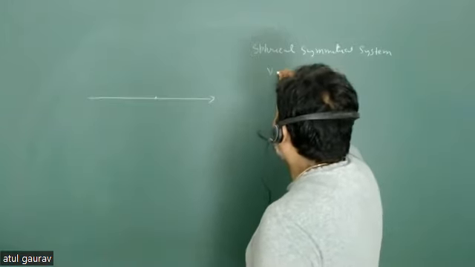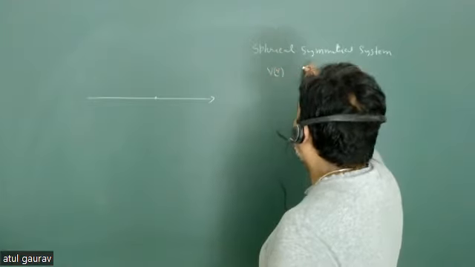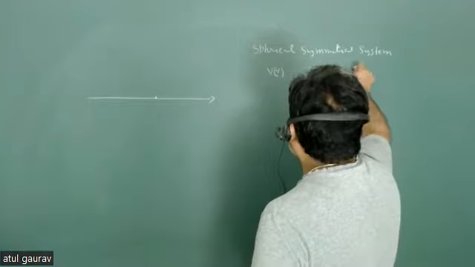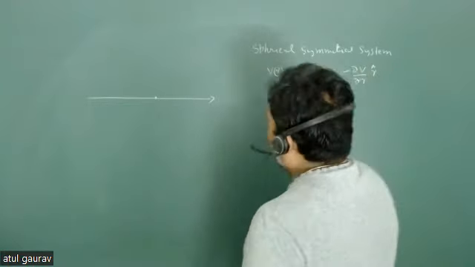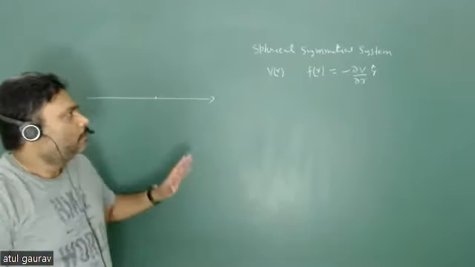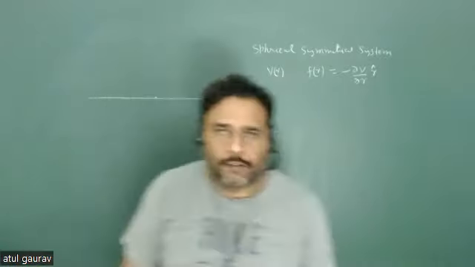That means the potential is a function of R, and the force is minus del V upon del R in the R cap direction. So we have to work only with the central force problem, otherwise things will be very complicated.